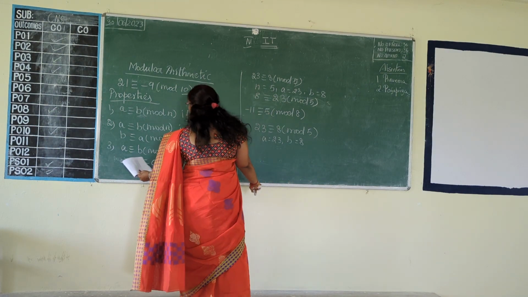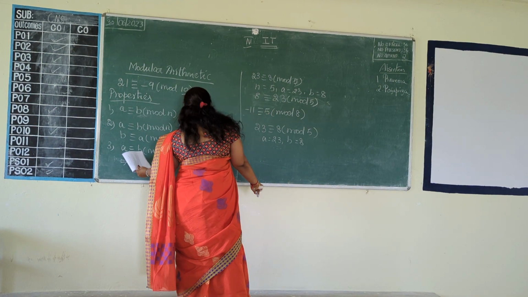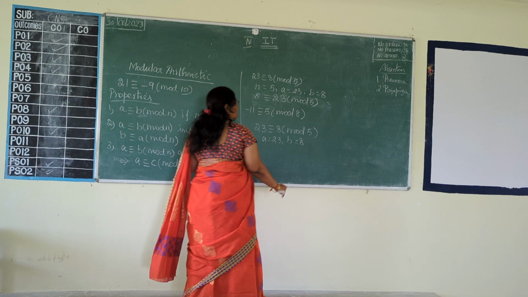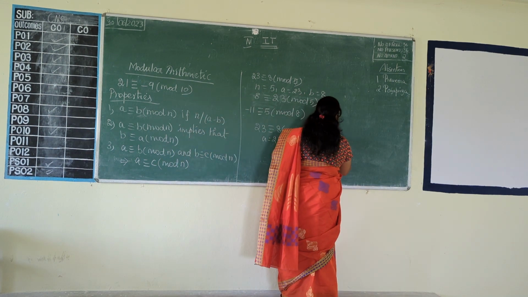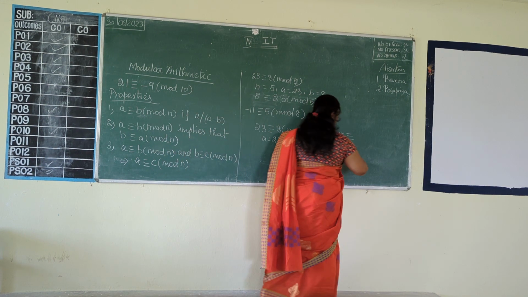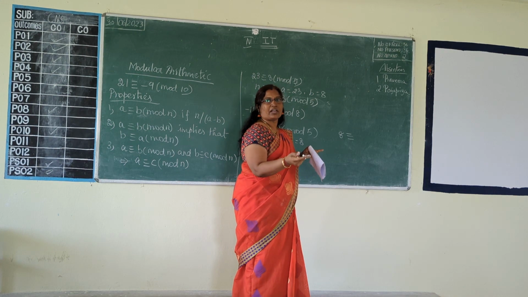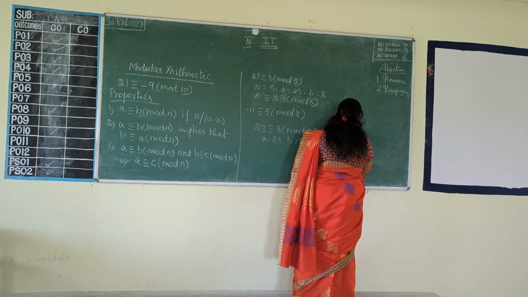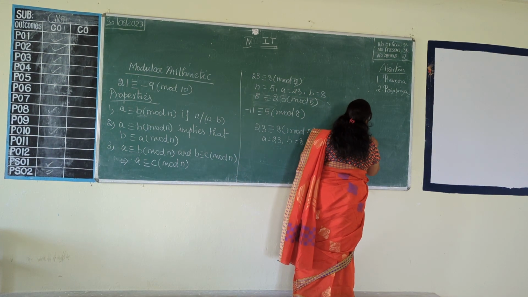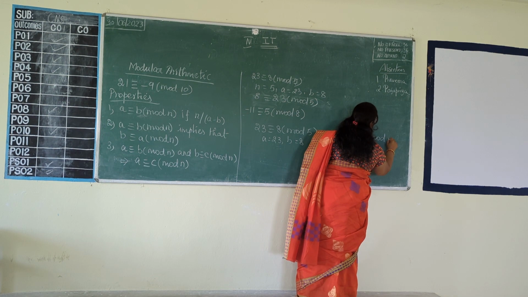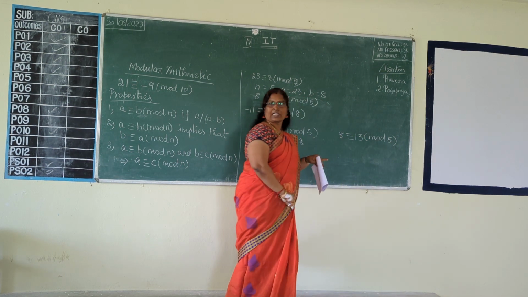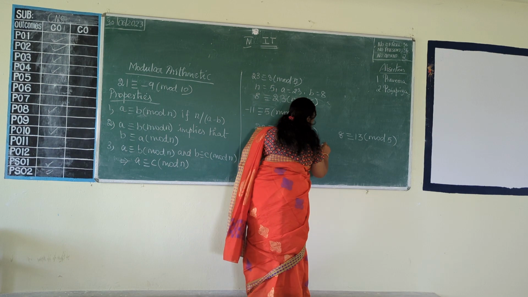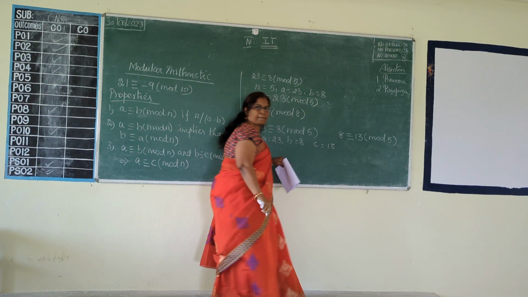So what we have written, A is congruent to B, B is congruent to C, which means you can take 8 is congruent to some other value. Let us assume it is 13 mod 5. Correct? So here C is equal to 13.